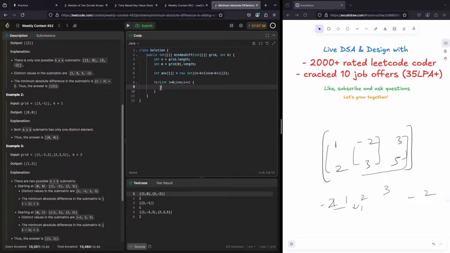So basically, when you are at 0, 0, you know that you can traverse to the next element.